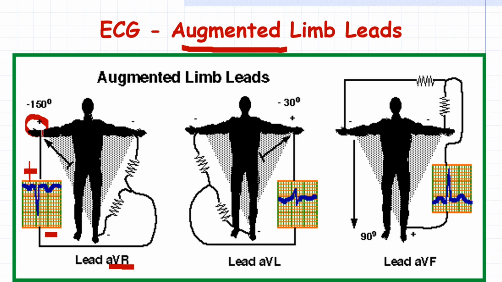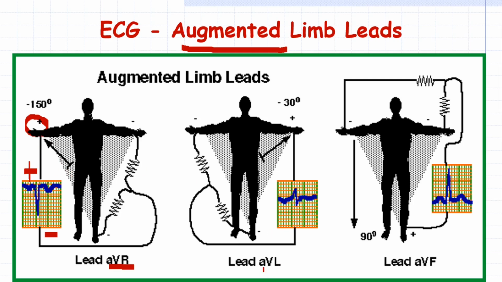This indifferent electrode coming from the other two limbs passes through the resistance first and is connected to the negative. As unipolar, they will record the electrical potential from a specific point of the heart area. Because it is unipolar, it will not record any potential difference between two points.